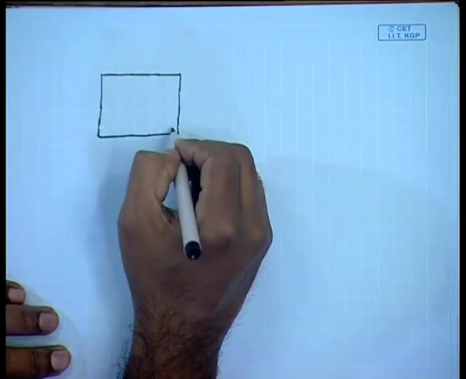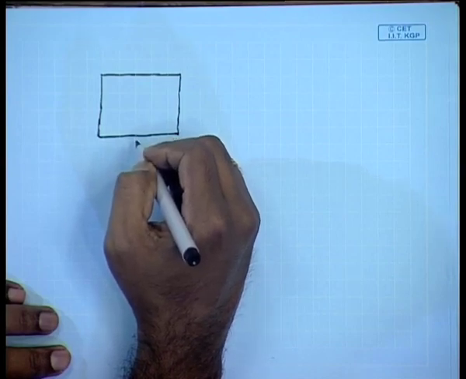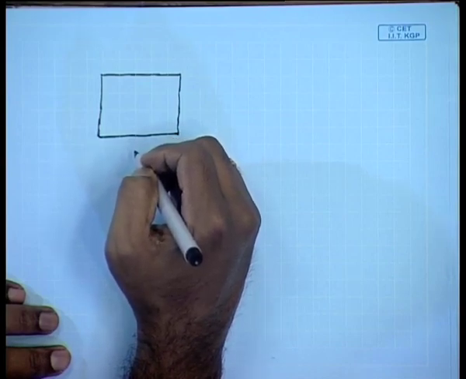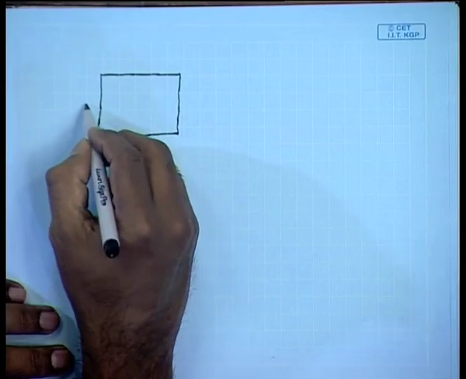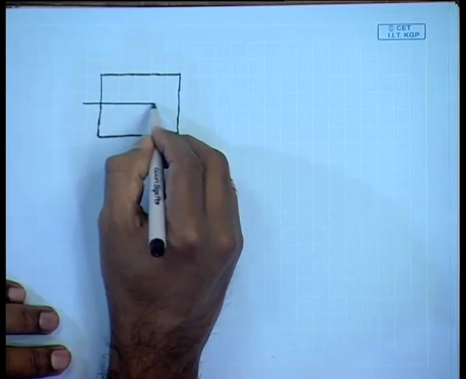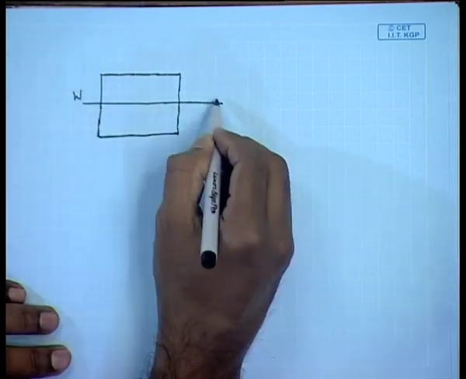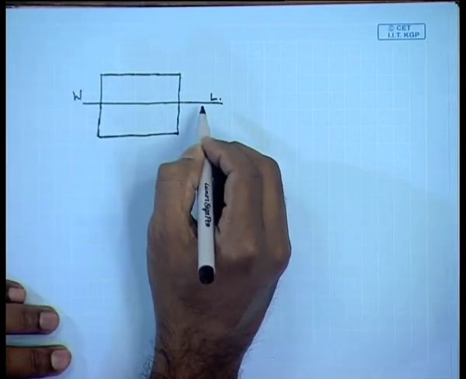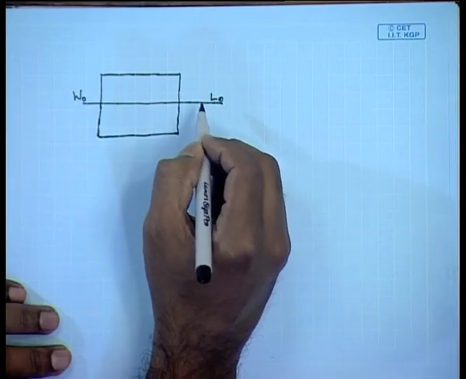So your cross section is a rectangle, and anywhere it's across, the whole thing is a parallelepipedic barge, meaning the whole thing is just a rectangular box. So initially this is the water line WL, and W0 L0 is the initial water line.